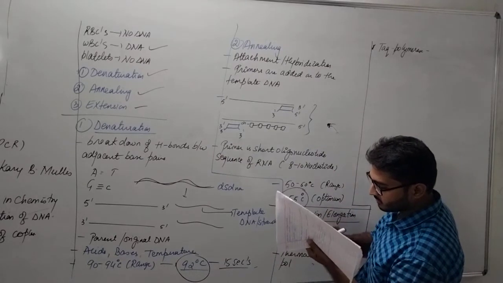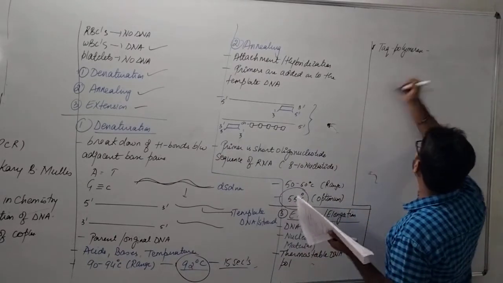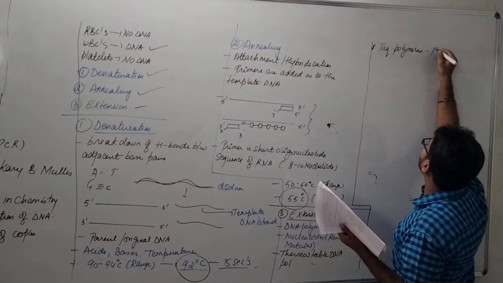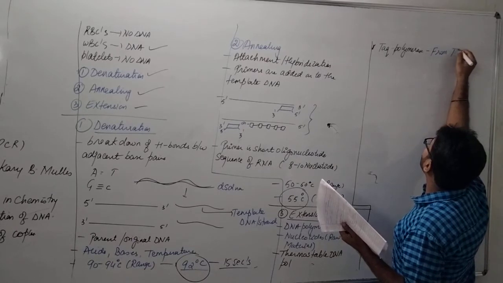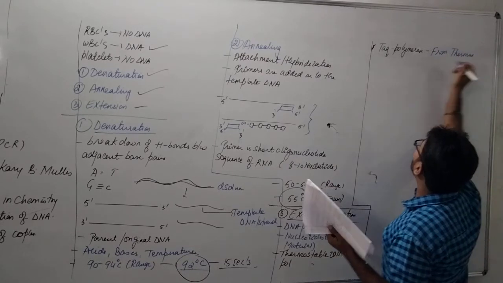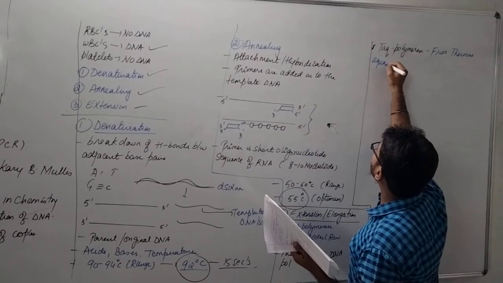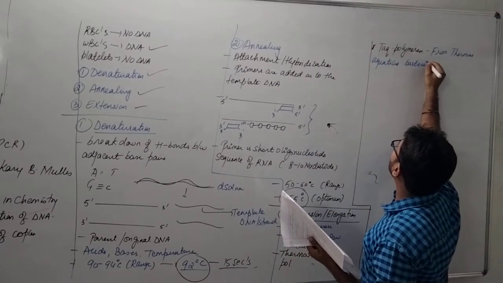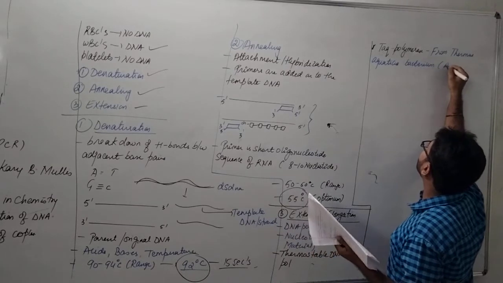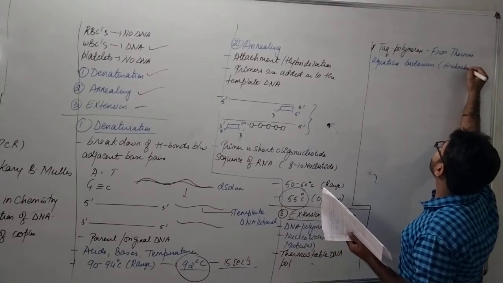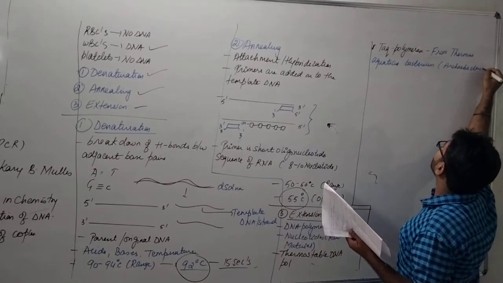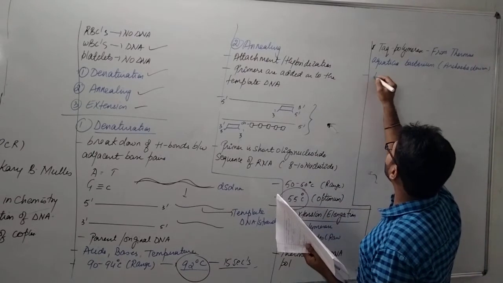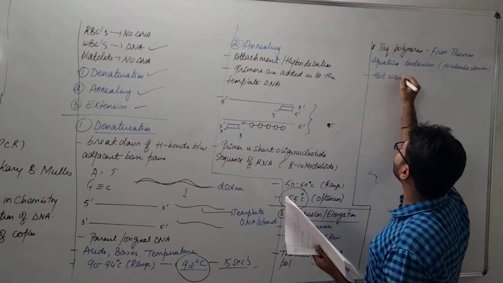This Taq polymerase is isolated from Thermus aquaticus bacterium, which is a typical archaebacterium, and they grow in hot water springs.